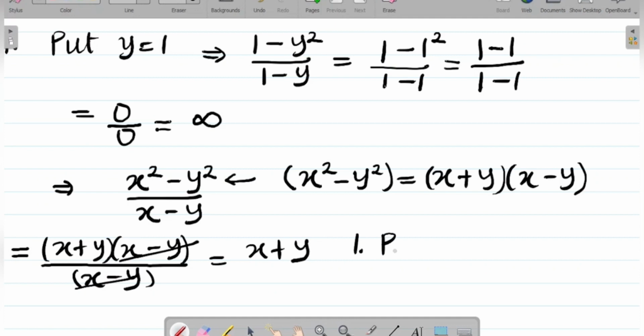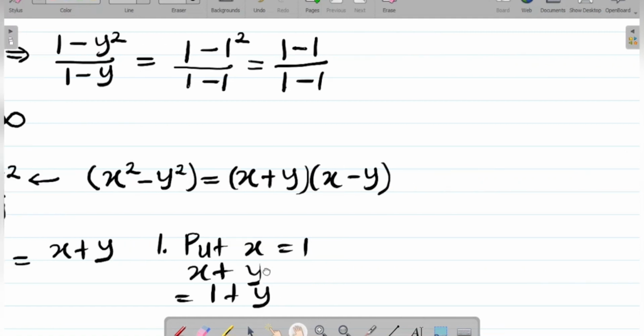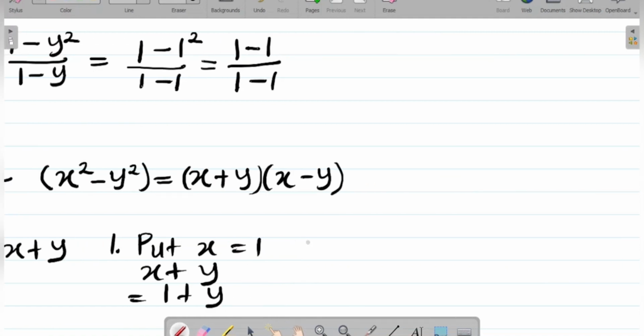So x plus y will now be equal to 1 plus y. Having done that, my next task, task 2, will be to put y as equal to 1. So I'm having 1 plus y, but we said y is 1, so it becomes 1 plus 1, and that's equal to 2.